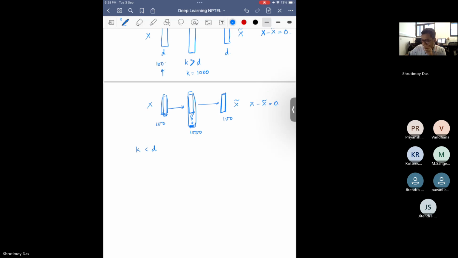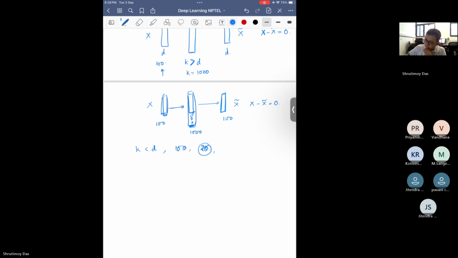If you have, say, 100 dimensions and the hidden dimension is only 20, in this 20 dimension you will only learn the most important features. You cannot store all 100 features in 20 dimensions, so you'll only capture the most important dimensions.